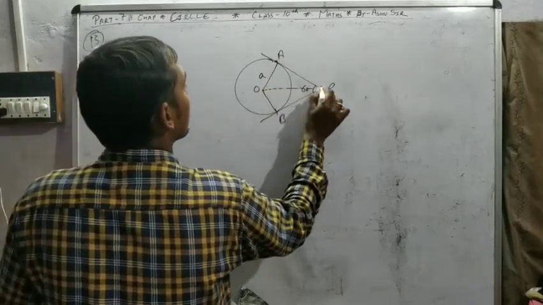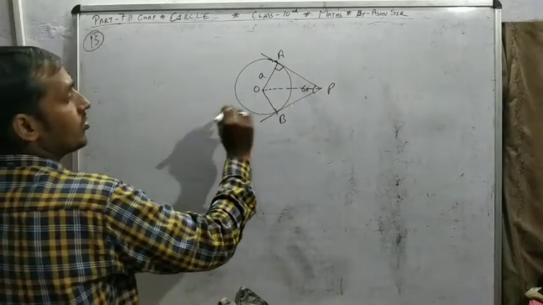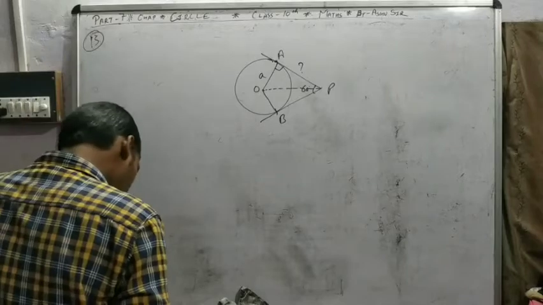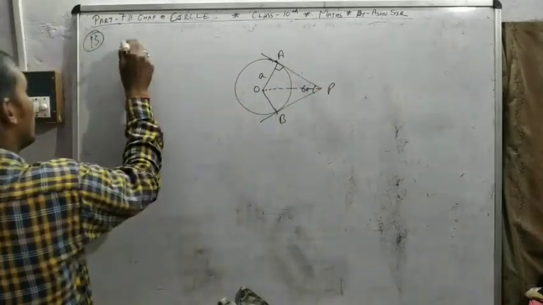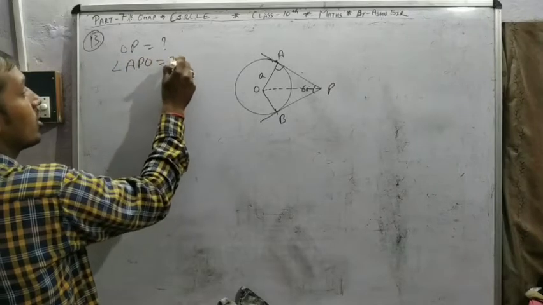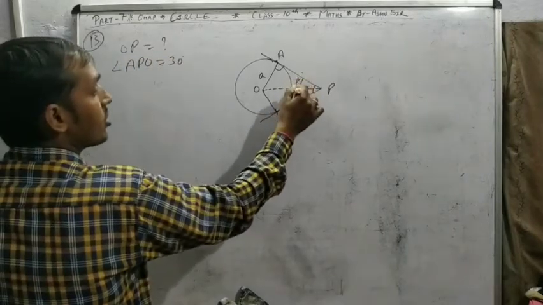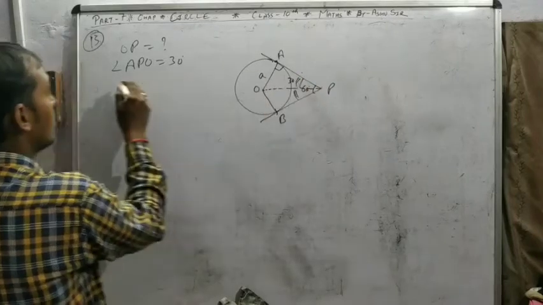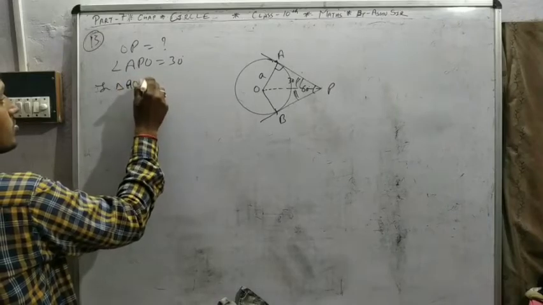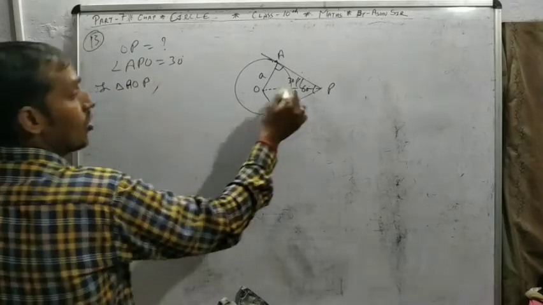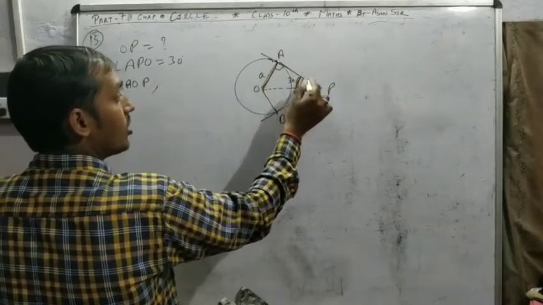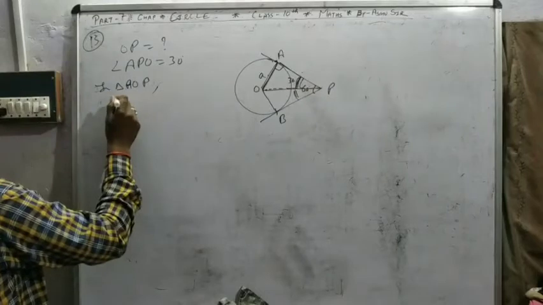You can join here. This is 90. We want to find the length of OP. Firstly, angle APO is equal to 30 degrees, because this angle is equal to this angle. So this is 30. In triangle AOP, for this angle, this is the perpendicular and this is the hypotenuse.